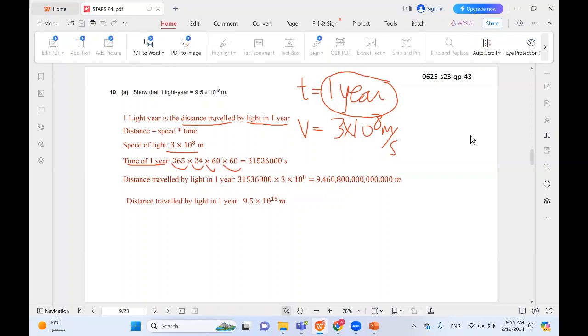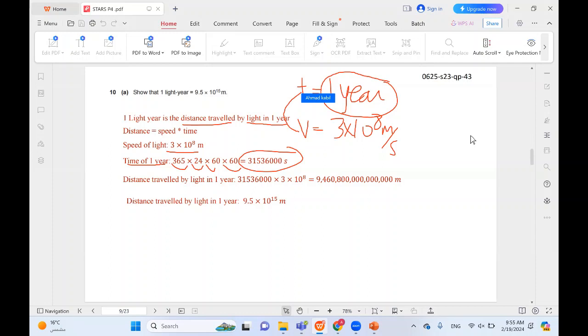So we convert 1 year into seconds, and we get 31,536,000 seconds.